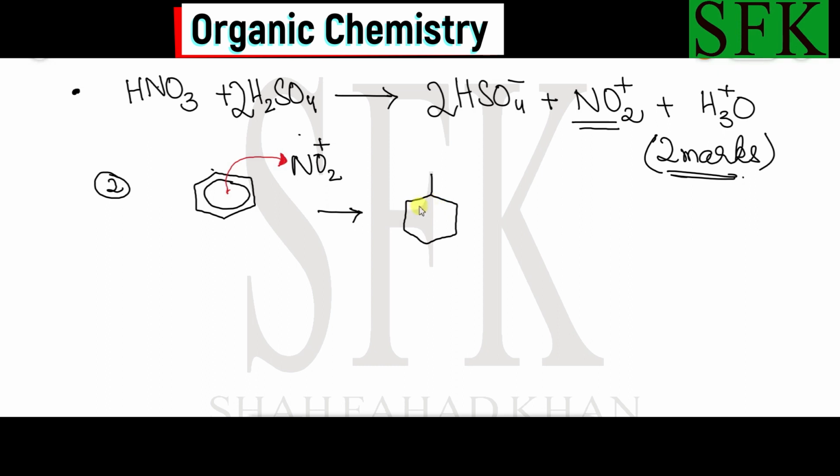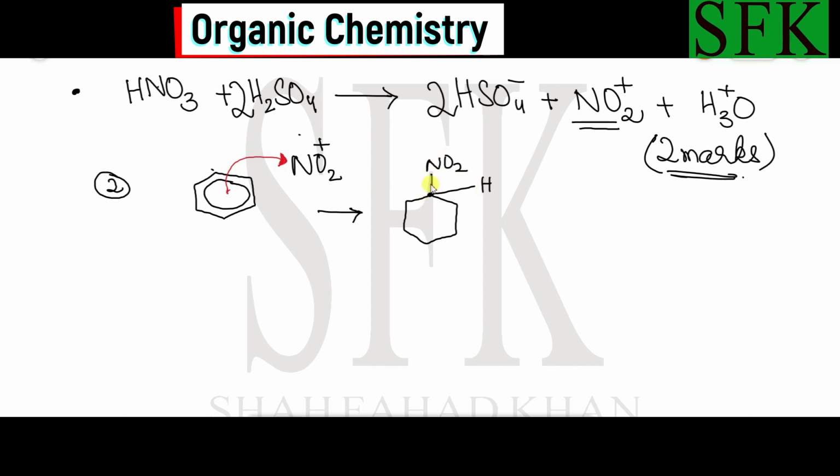Now to make the incomplete ring, remember how to make the incomplete ring. The carbon over which the NO2 is attached also represents the hydrogen over here, which is already there on the benzene ring. Any of the hydrogens can be represented. Okay, now represent the hydrogen and the NO2 on the same carbon atom.